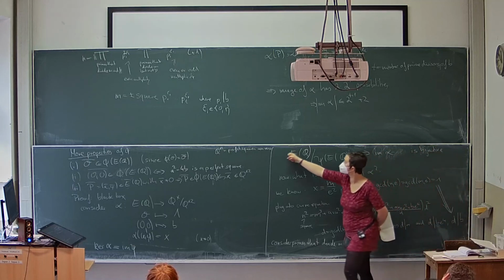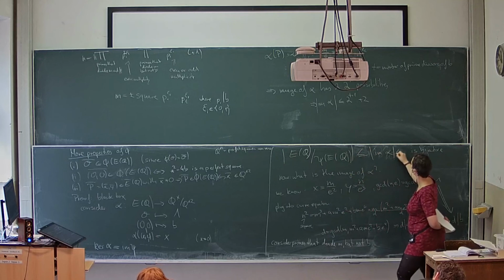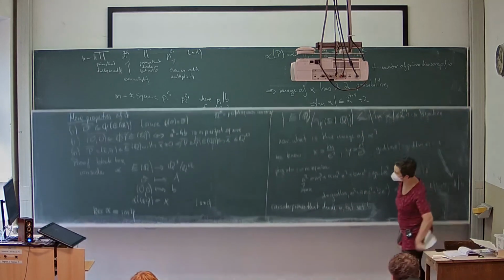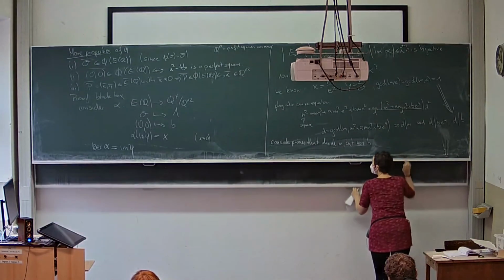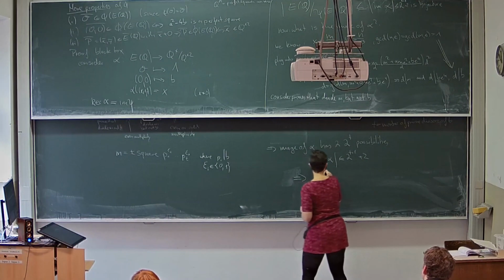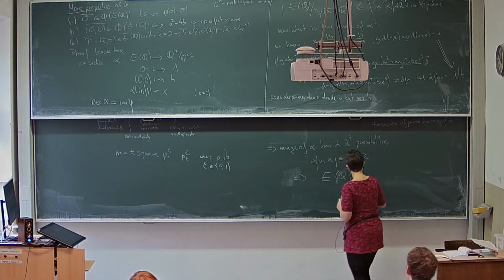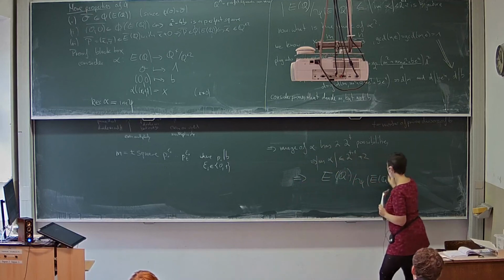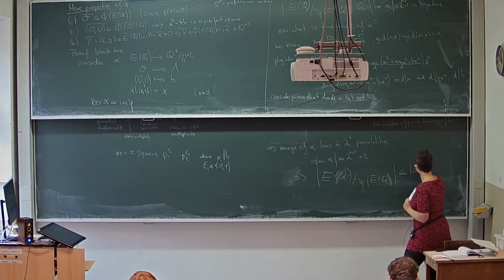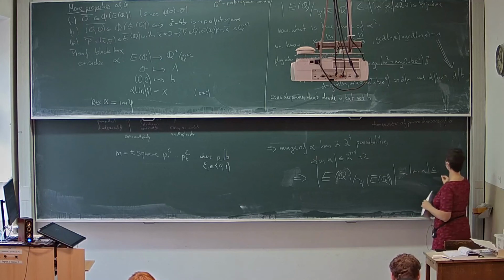So what we have is that this is at most this, which is at most 2 to the t plus 1 plus 2. Well, this is actually exactly, because it's also injective.